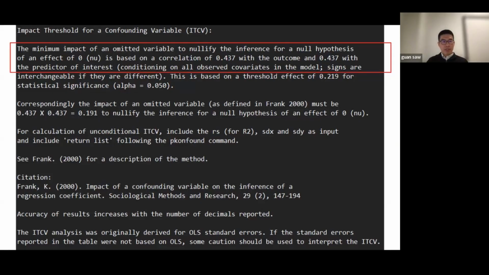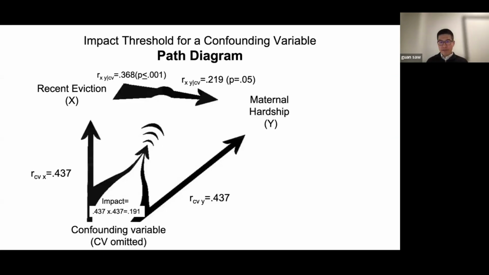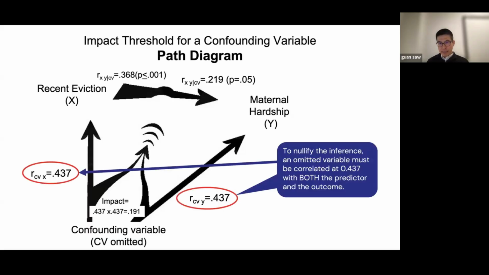There is some information about the calculated correlation and also the impact. I'm going to use the path diagram to interpret the result. To nullify the inference, an omitted variable must be correlated at 0.437 with both the predictor and the outcome in this particular study.